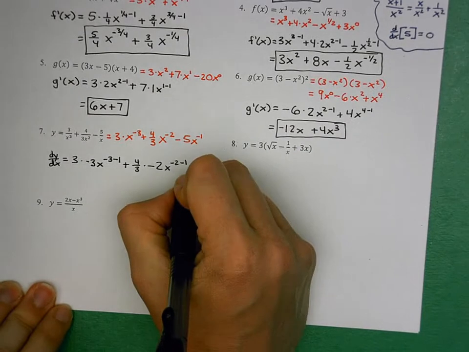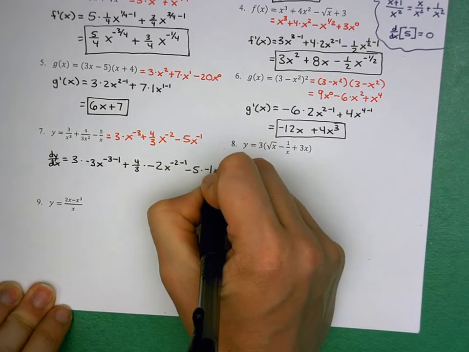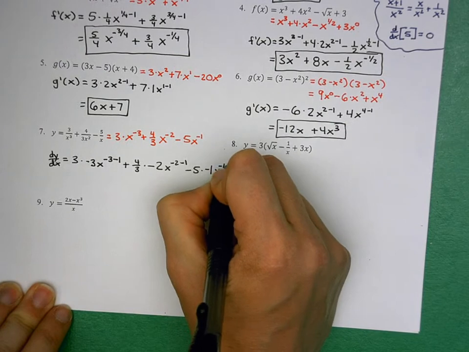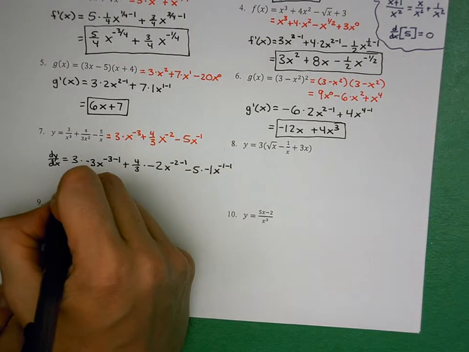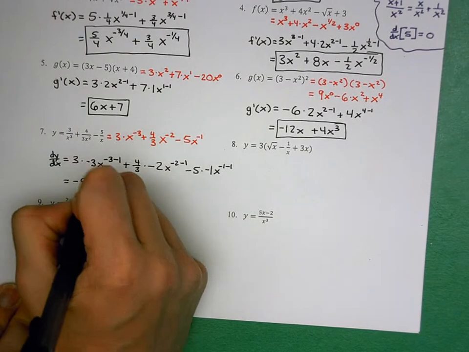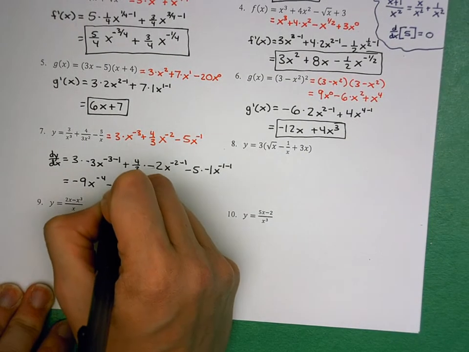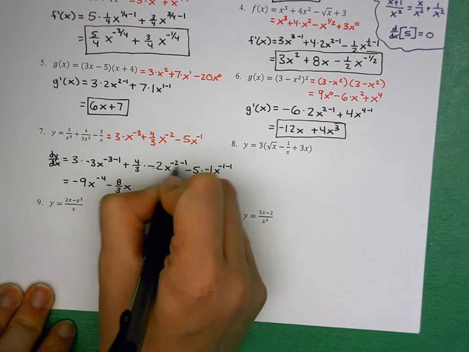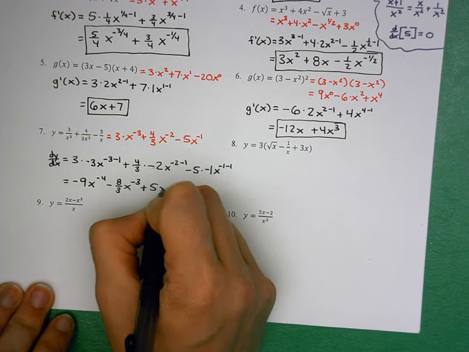And then at the back we have an n of negative 1, so bring that negative 1 down in front. Your exponent is n minus 1. Okay, which simplifies to negative 9 x to the negative 4 minus 8/3 x to the negative 3 plus 5x to the negative 2.